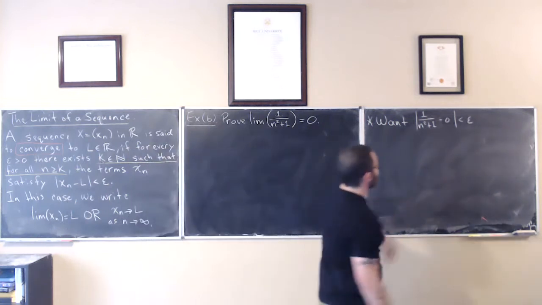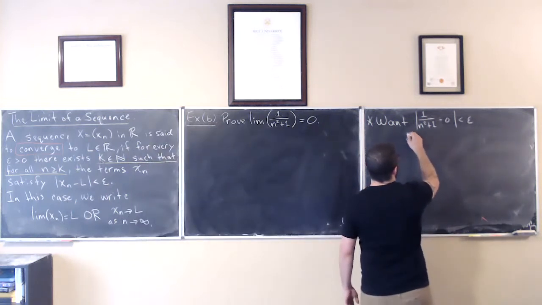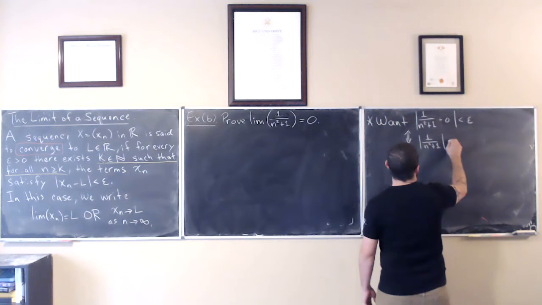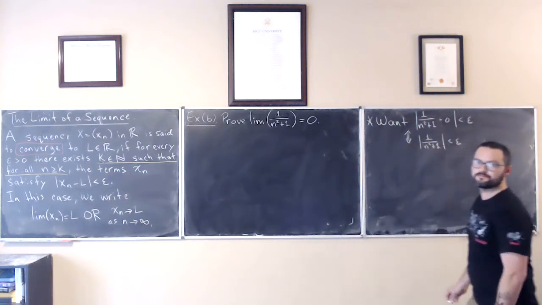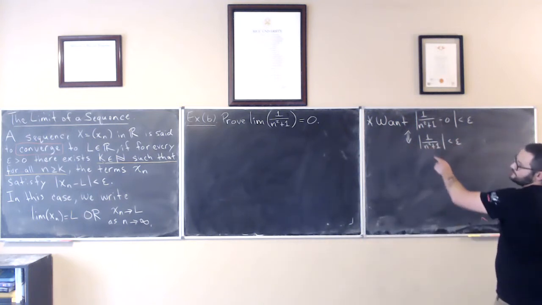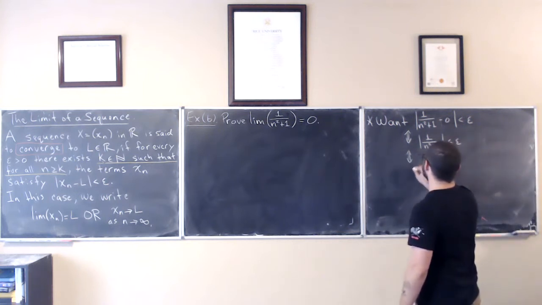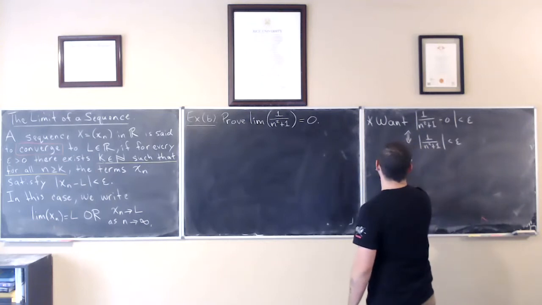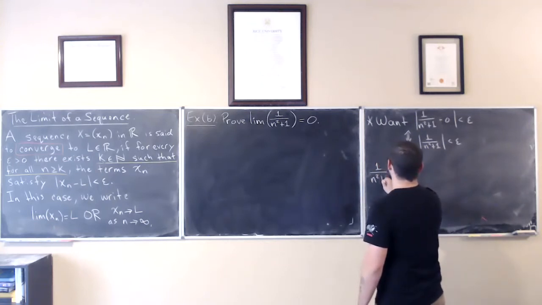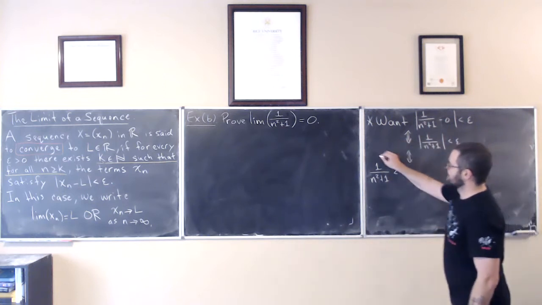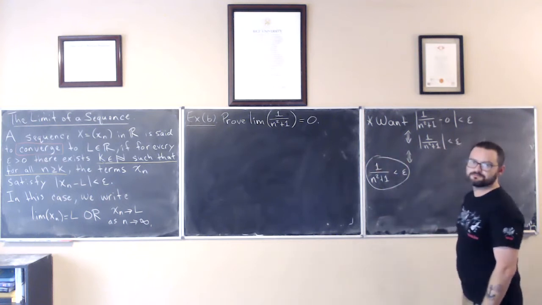So this is true whenever 1 over n squared plus 1 is less than epsilon. But again, n is just some natural number, so we can drop the absolute values. So this is what we want.